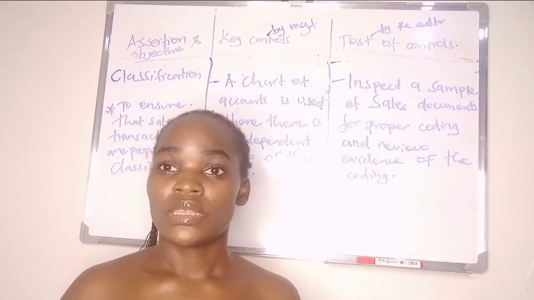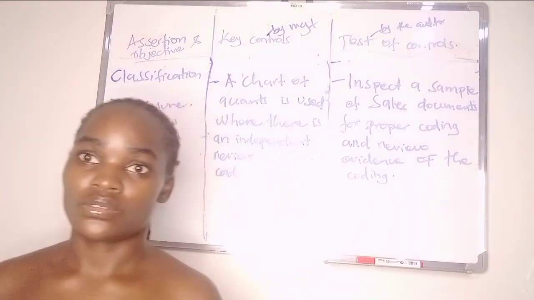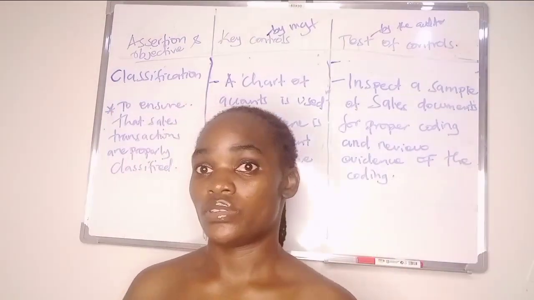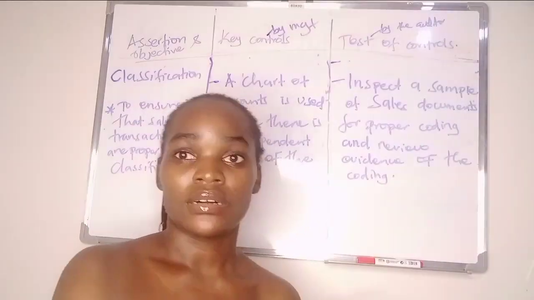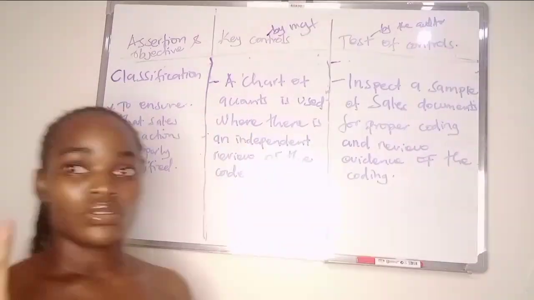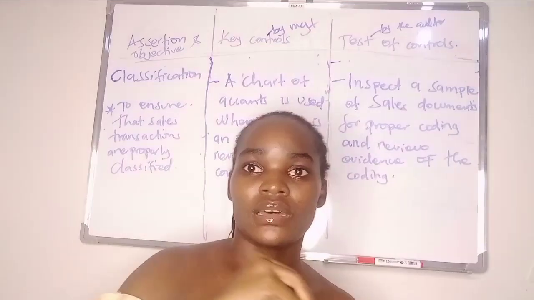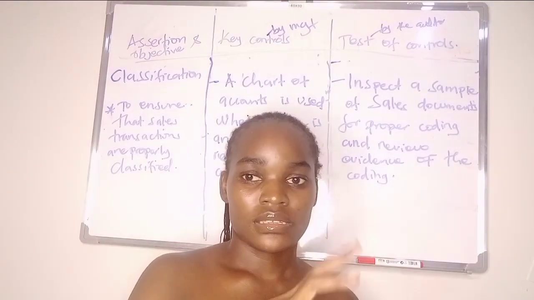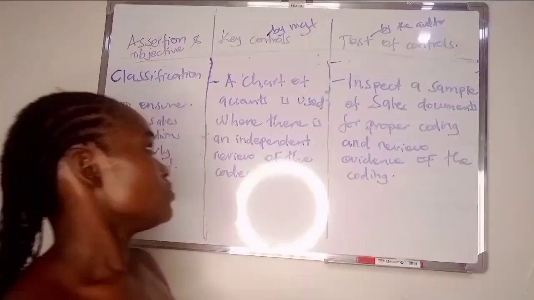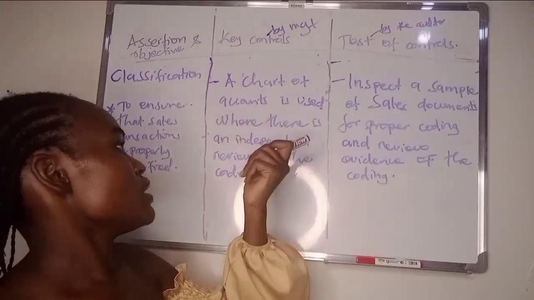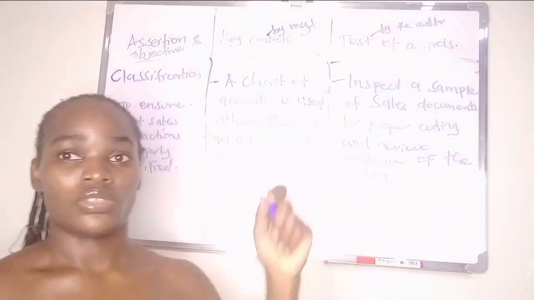Then if something is recorded as credit sales, it's also recorded under receivables, or they open up the debtors accounts. If something is recorded as a bad debt, there must be evidence that this customer is not going to pay. So a chart of accounts is used where there is an independent review of the codes.